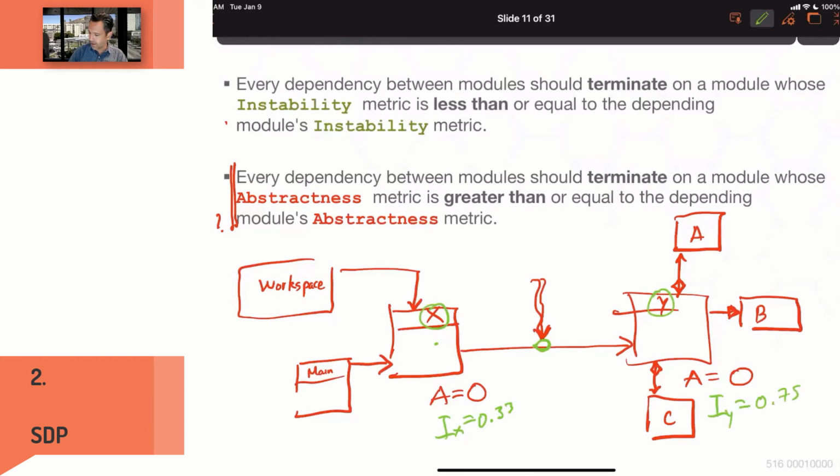So the second one is greater, and according with the recommendation, again, no magic numbers, but the recommendation is the second one should be smaller. This connection is a very bad idea, according with the numbers. Can you explain to me why it's a bad idea, according with your knowledge of programming? What is going to happen when we connect these two?